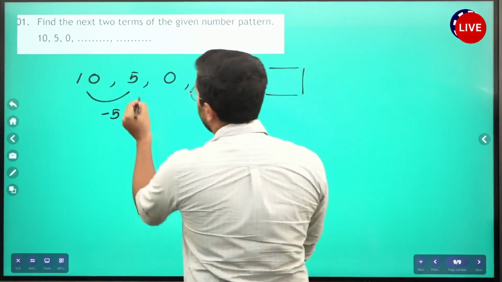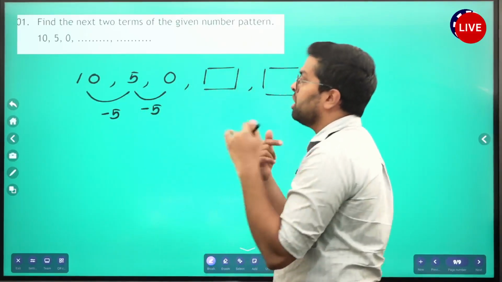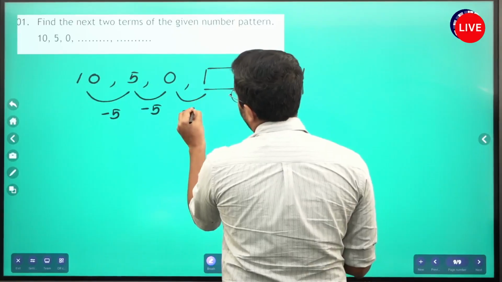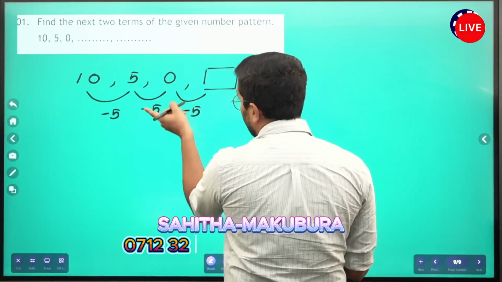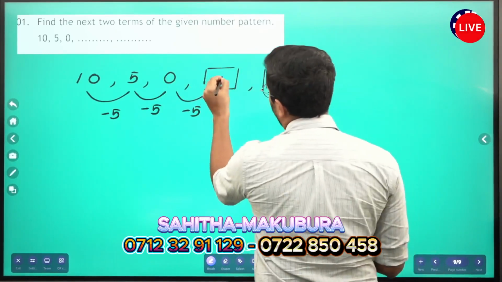Second term minus 5, 5 minus 5, gives the third term. 0 minus 5 gives you the next term. So the fourth term of this number sequence is minus 5.